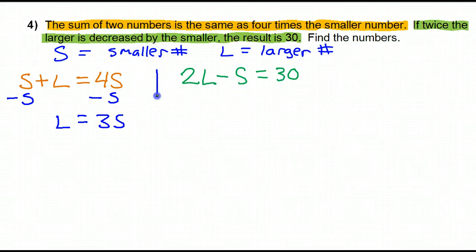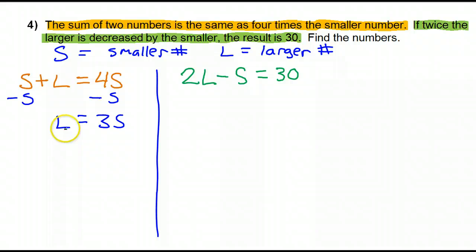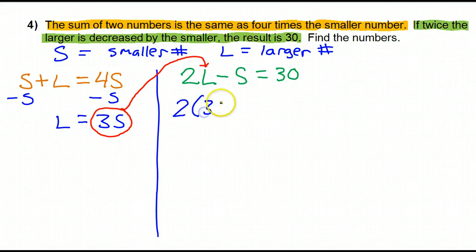So clearly this is a perfect situation for substitution, because I have L now by itself, and I would go ahead and take this and substitute in for L, and it is a thing of beauty. So this is going to become 2 times 3S minus S is equal to 30.